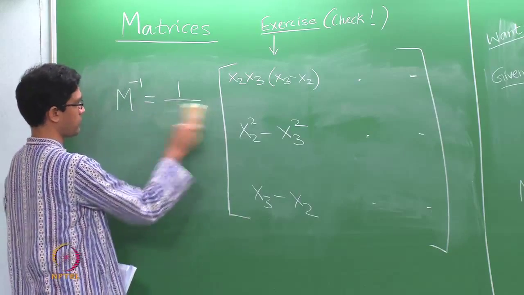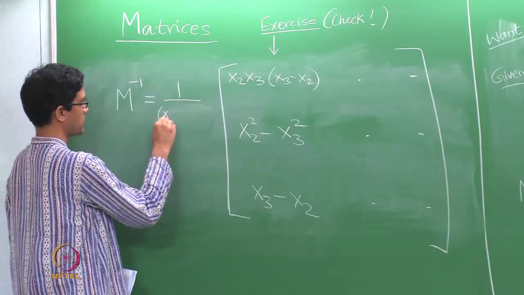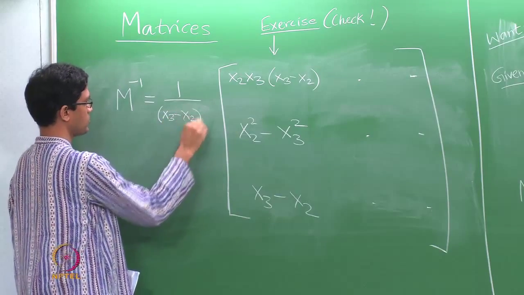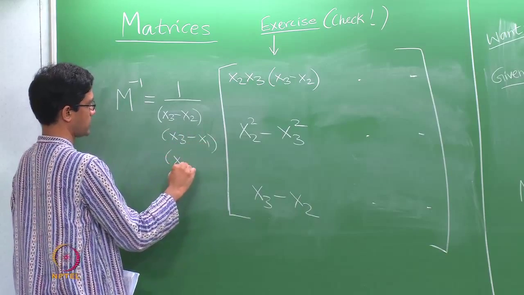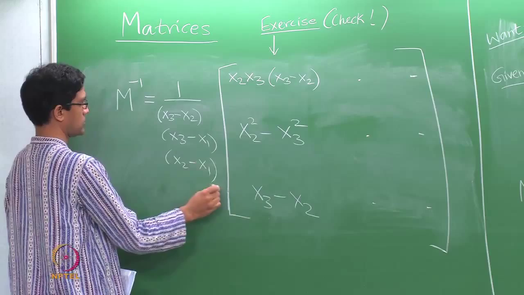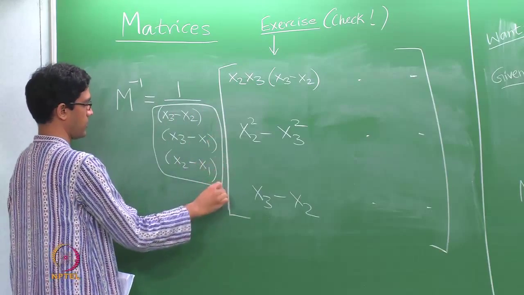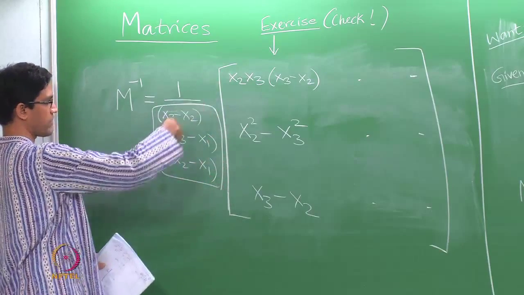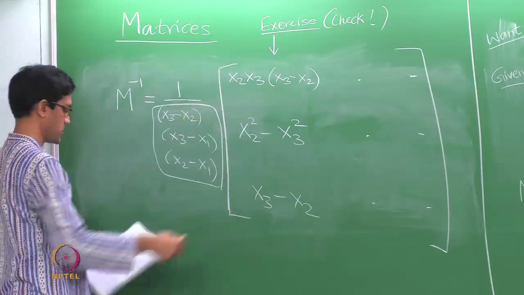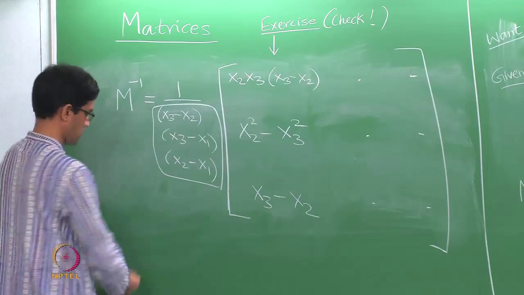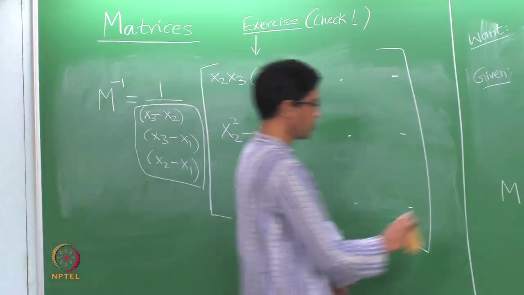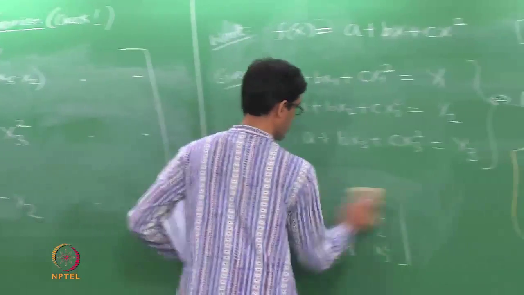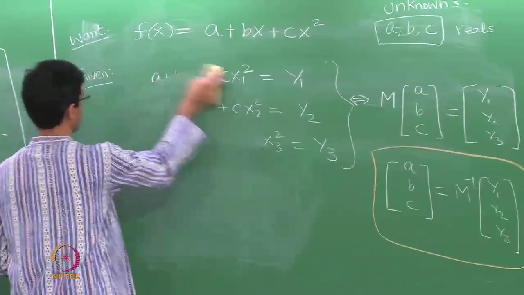It's just a product of 3 terms: x3 minus x2, x3 minus x1, x2 minus x1. So this product is sitting in the denominator, and you can cancel some terms out from the first column. That's again something that you should do, but I want to just complete this calculation here.